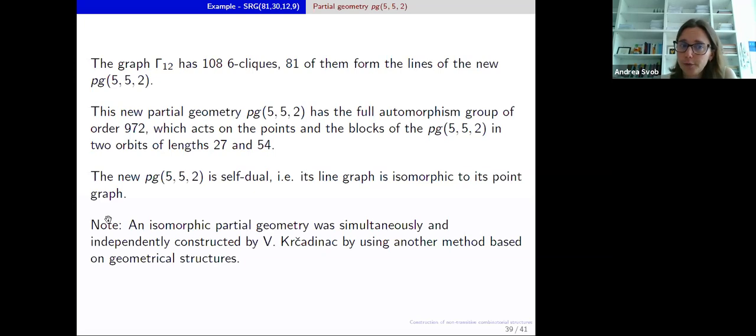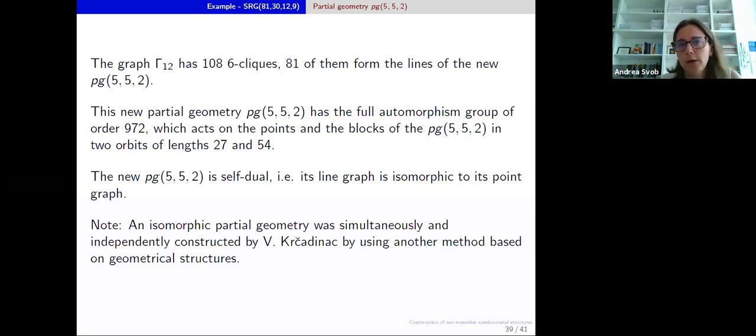I have to note here that the non-isomorphic partial geometry PG(5,5,2) was simultaneously and independently constructed by Vedran Krčadinac, but he used another method which is totally different, and it is based on some geometrical structures.